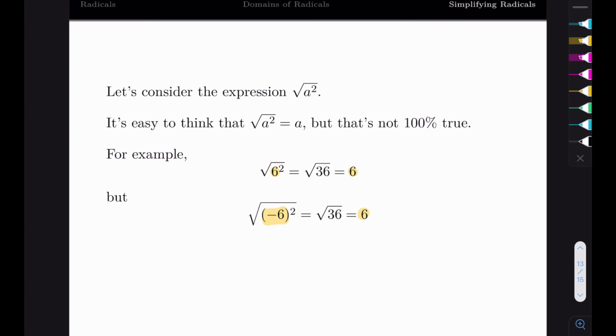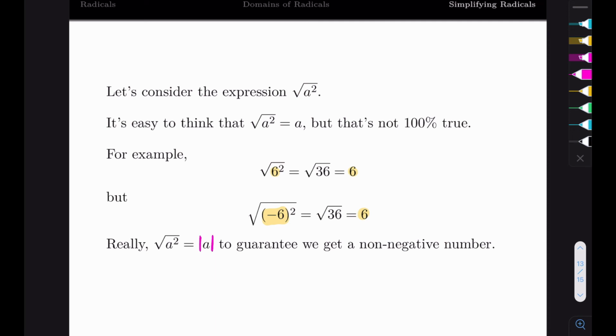So in reality, what happens is when you have the square root of something squared, you really get the absolute value of that number. So it's guaranteeing that we have a positive output. So that's something we want to happen, or it could be 0 as an output. So you want to be careful, especially in your homework. It might yell at you a little bit when you're dealing with these expressions.